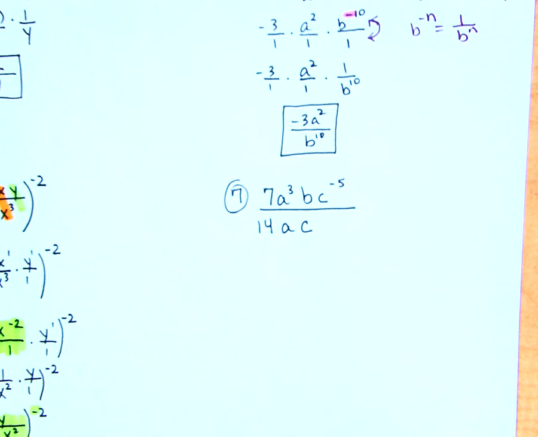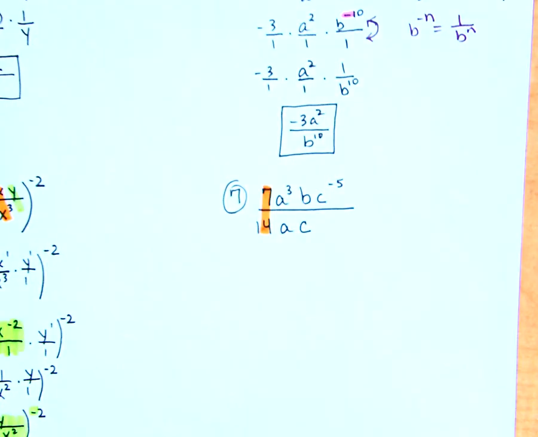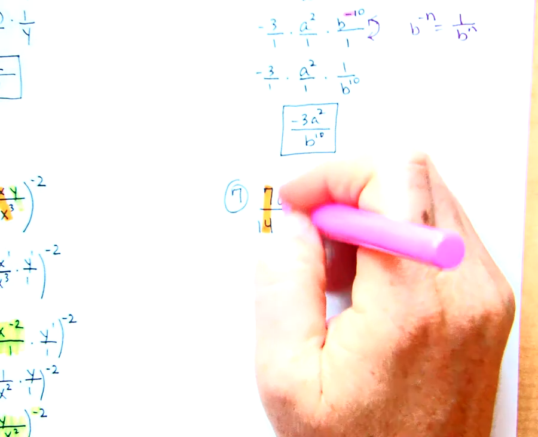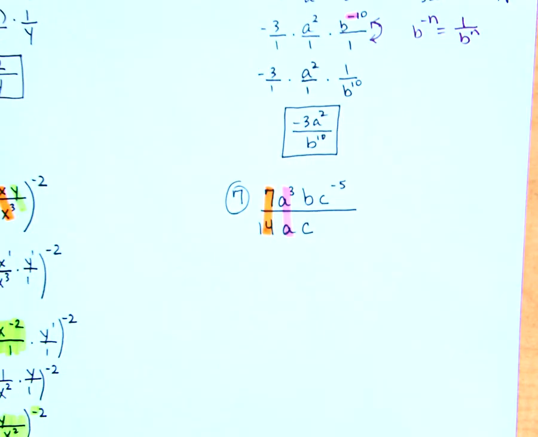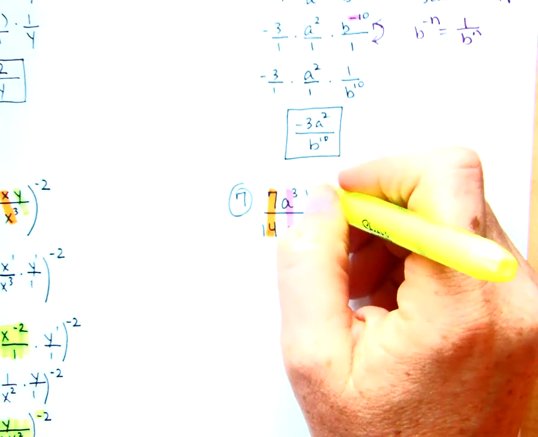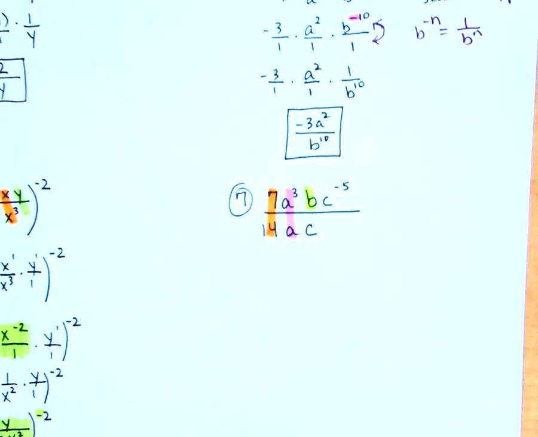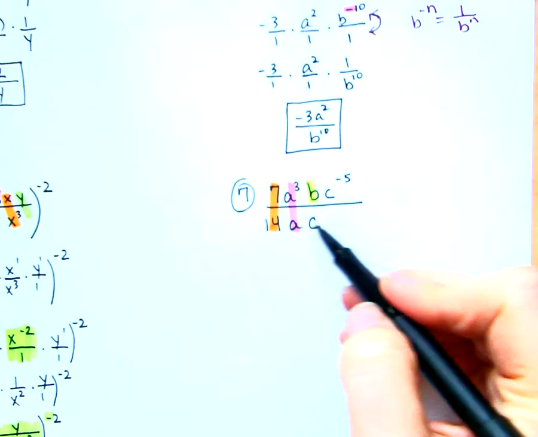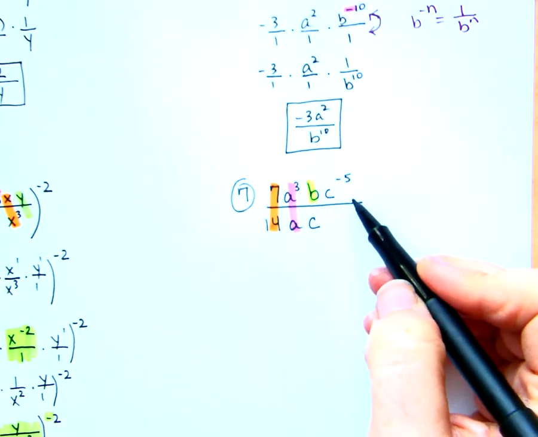I think about my coefficients going together. I think about my a's going together. I don't have enough highlighter colors, but my b is by itself, right? And then I'm also going to have these c's, which go together as well.